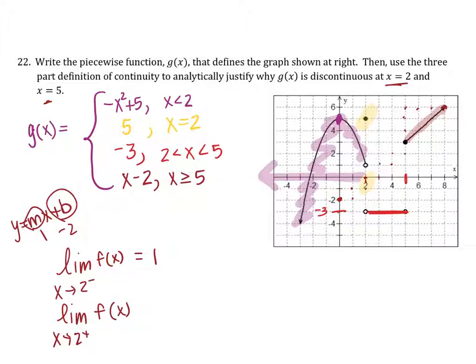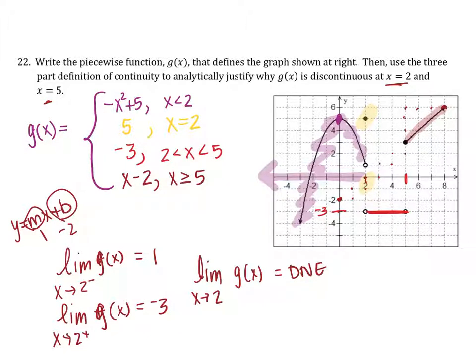And if we're approaching from the right, we get negative 3. So we can tell we're not continuous here at 2 because the limit as x approaches 2 of our function g of x does not exist. And I swapped these. This should be g of x.